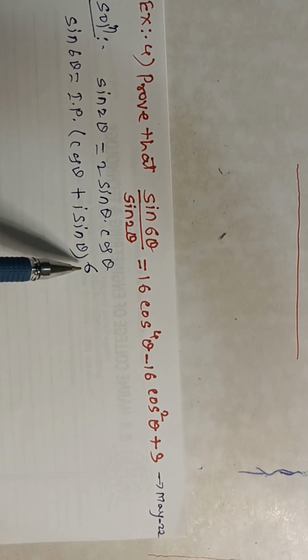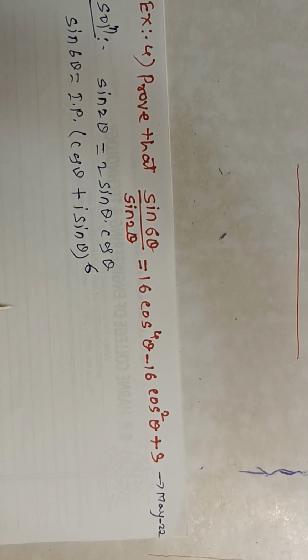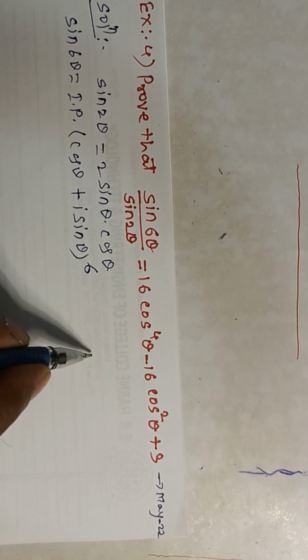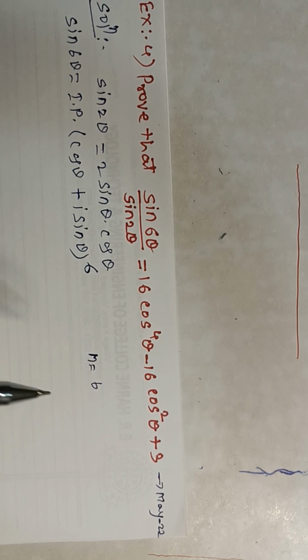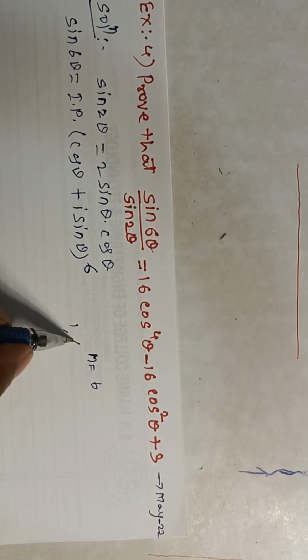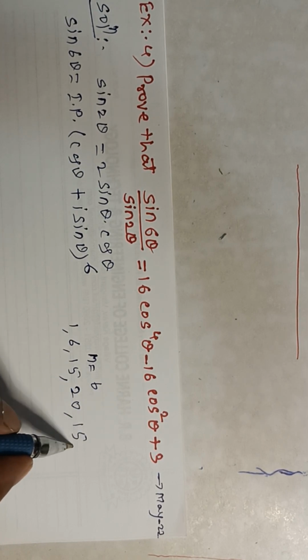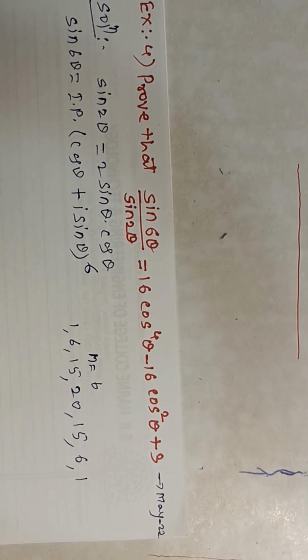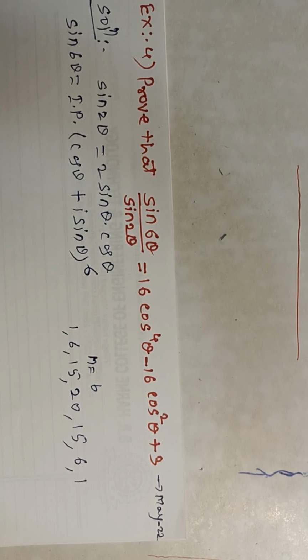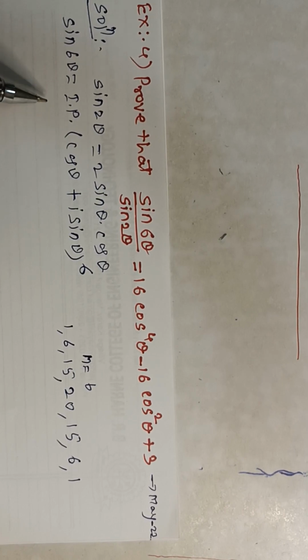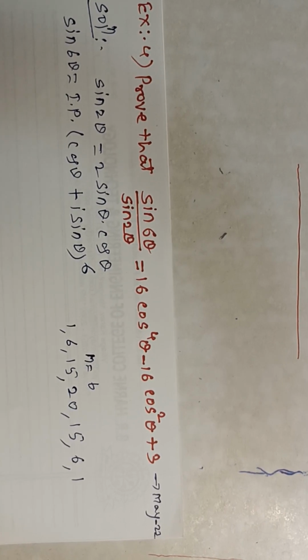And here n is 6, which means the binomial coefficients will be for n equal to 6: 1, 6, 15, 20, 15, 6, 1. These are binomial coefficients. So considering these binomial coefficients, we have to expand this one.